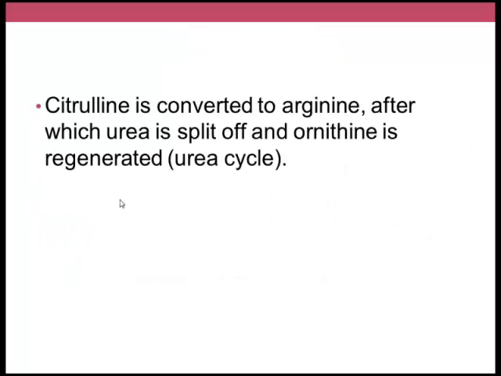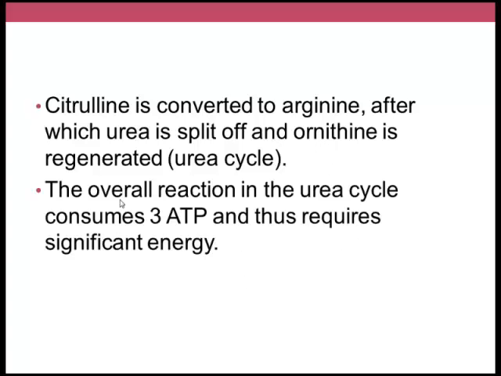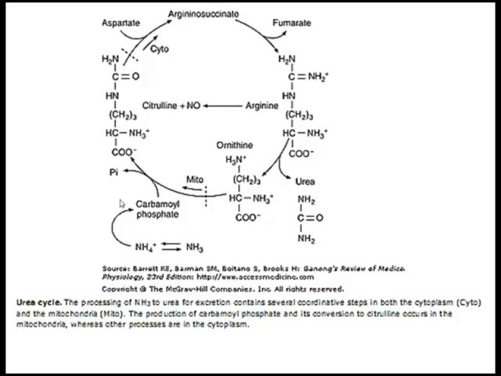Citrulline is converted to arginine, after which urea is split off and ornithine is generated, and this process is called the urea cycle. The overall reaction in the urea cycle consumes 3 ATPs and thus requires energy. So it is an active process that needs ATP. It is not a passive process.